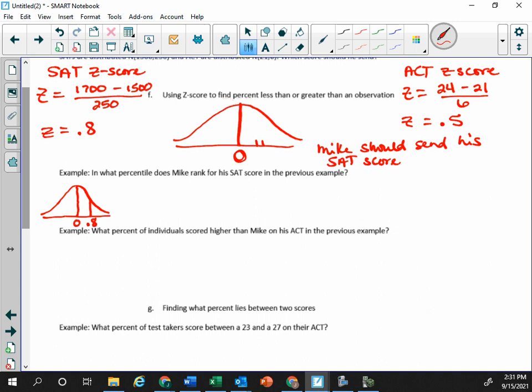As far as percentile ranks, we know he should be above the 50th percentile, right? Because he's somewhere to the right. So I'm trying to figure out what this area is up to that 0.8. You're going to use your calculator. You're going to use what's called normal CDF. Normal CDF stands for normal cumulative density function. It's cumulative because we're going right up until this 0.8. So let me pull up my calculator again for you.